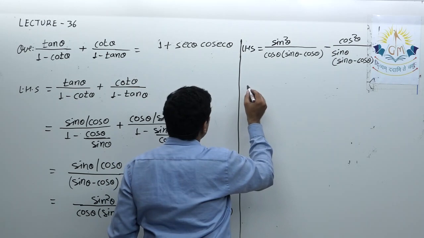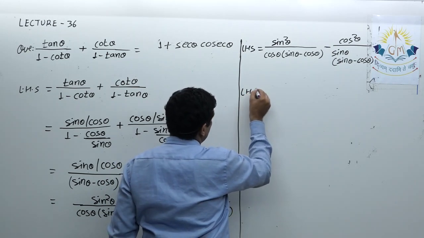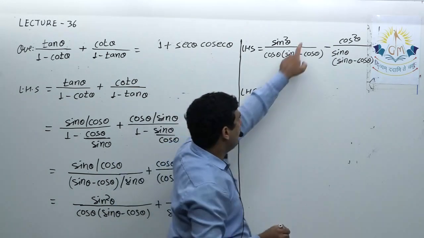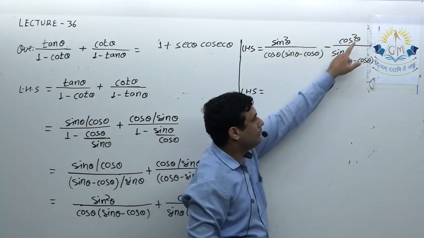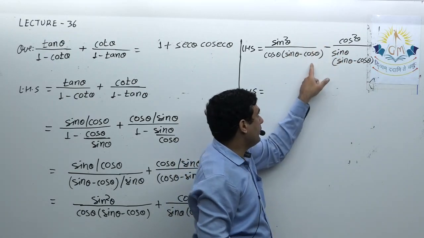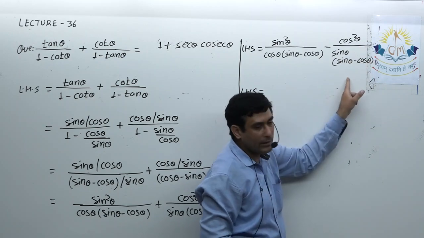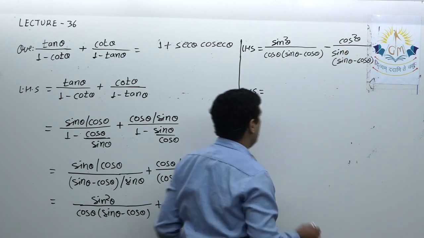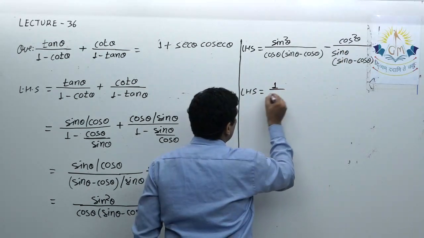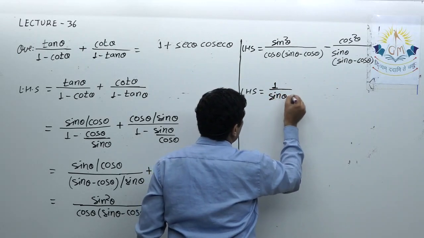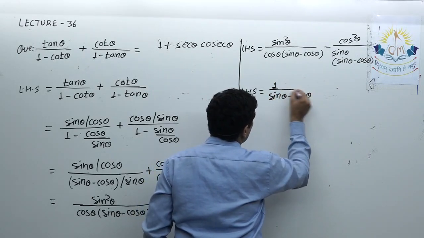Now you observe carefully, I can take 1 upon sin minus cos theta common. Here it is 1 upon sin theta minus cos theta, here again I have 1 upon sin theta minus cos theta. So I am taking 1 upon sin theta minus cos theta common.